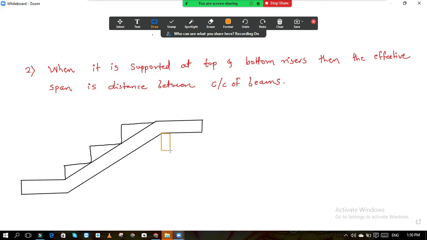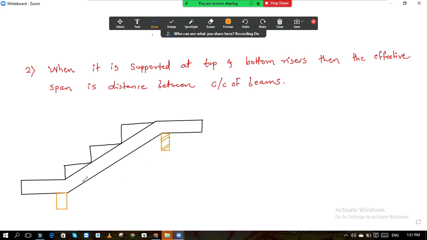Here we can provide the beam, and here also at the bottom we can provide the beam. These are the supports. Earlier, in the previous case, the supports were given at the end of the landing slab. Now they are given the supports over here. Okay. So these are the supports.